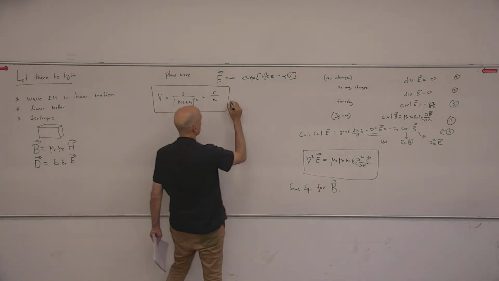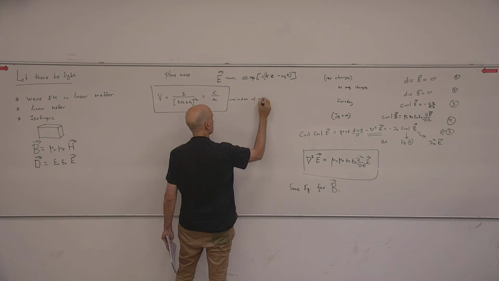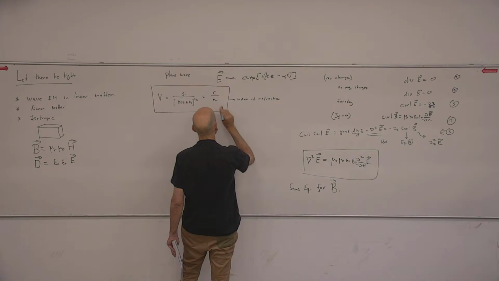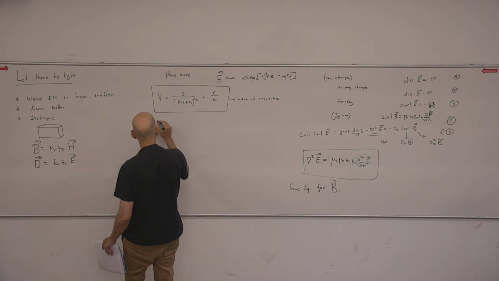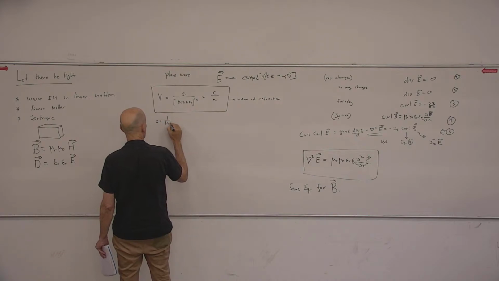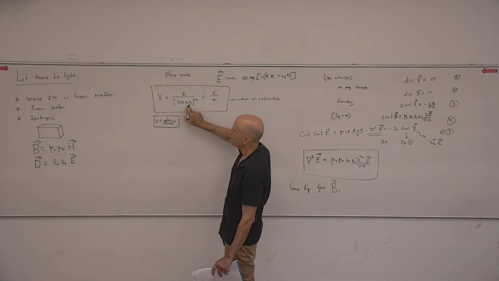Index of refraction. Yeah, index of refraction, of course. Thank you. So this is n, and just to be 100% sure, this is a definition of the speed of light. So all the rest, the n is related to mu r and epsilon r, right?